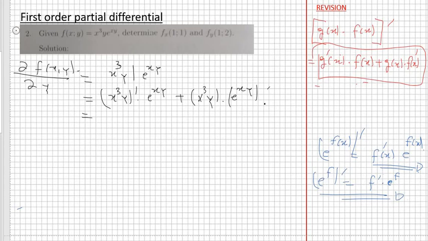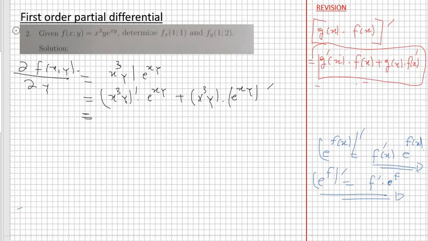So now the tricky part is here. When it comes to deriving a function with respect to y, in this case we are going to focus on the y variable, not on the x variable. So we are going to derive y, and we're going to treat x to the power of 3 as a constant.